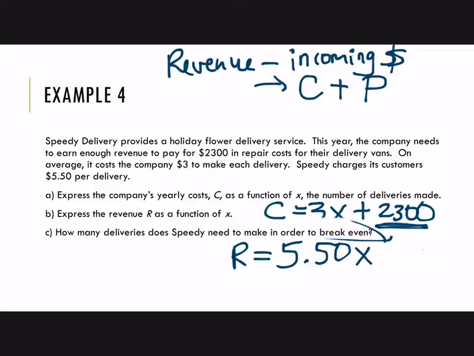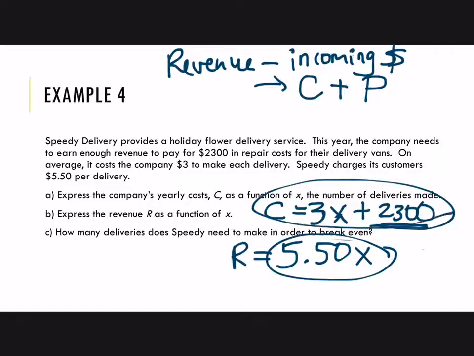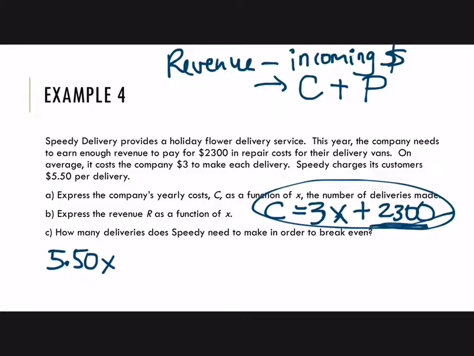Algebraically we can figure this out by setting the revenue equal to the cost, or setting this revenue equation equal to this cost equation. So we're going to do 5.50x equals 3x plus 2,300, and then solve for x.